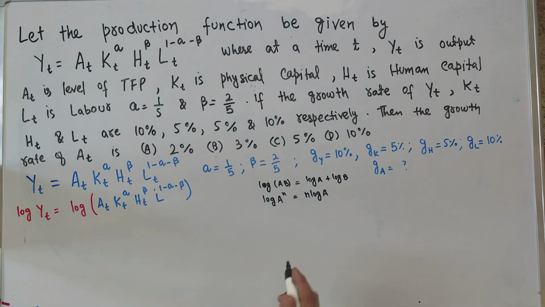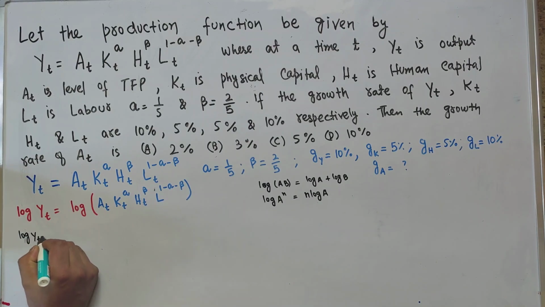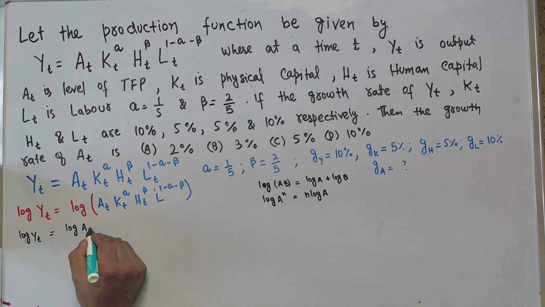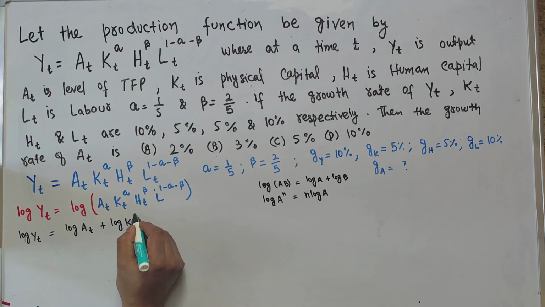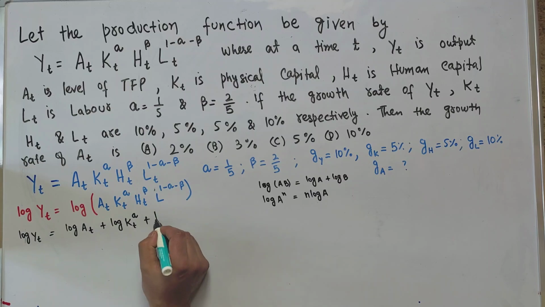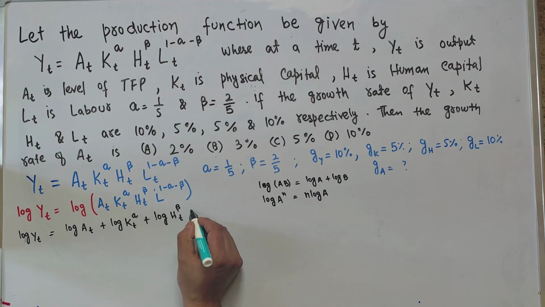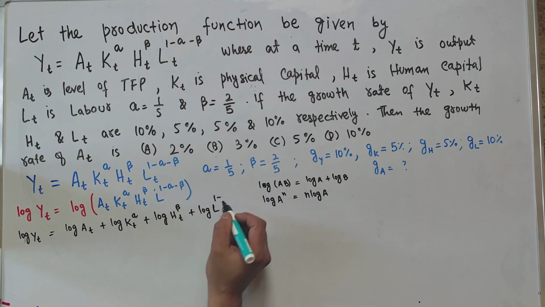Using these formulas, log of Y_t will be equal to log of A_t plus log of K_t raised to the power alpha plus log of H_t raised to the power beta plus log of L_t raised to the power 1 minus, taking minus common, alpha plus beta.